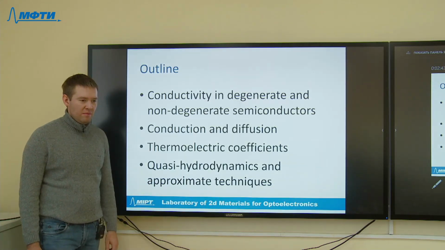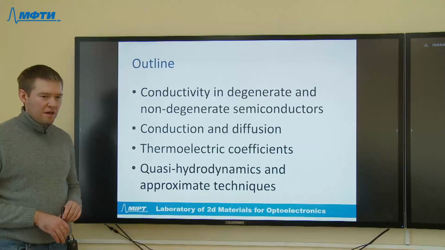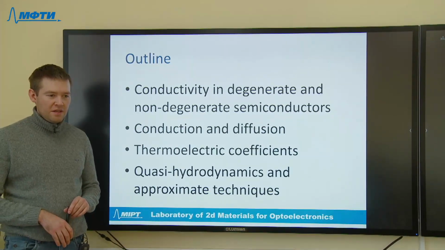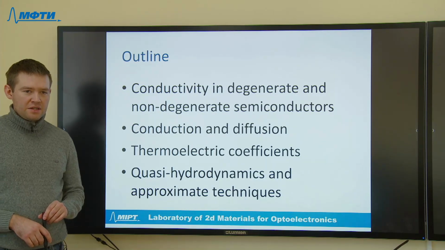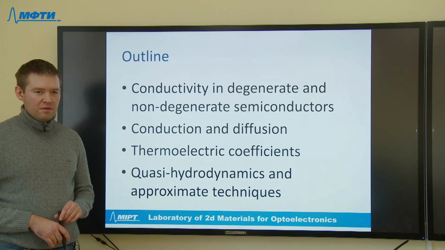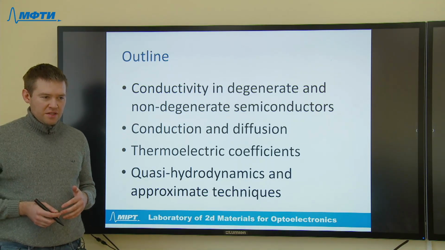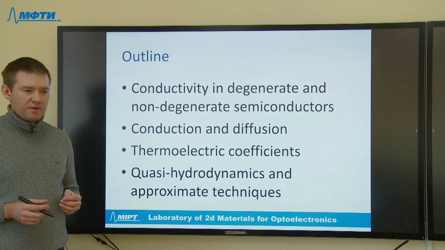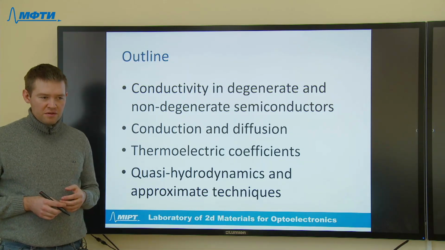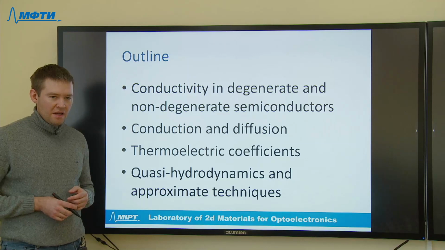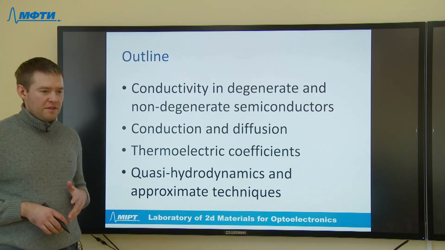So the scheme of the lecture is the following. First, we will refresh our knowledge about conductivity in degenerate and non-degenerate semiconductors. I will try to sketch it quickly because you already learned about it. This is just repetition of computational scheme, how we solve the kinetic equation to evaluate the conductivity and its dependence on carrier density and maybe some other quantities.